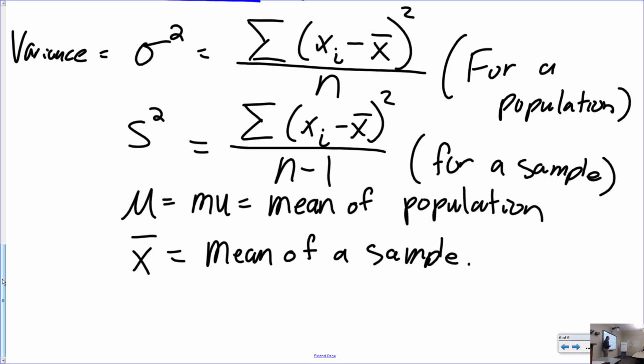We're going to be using this a lot as we move along. So since I'm in this stage of talking about the difference between Greek and English, population and sample, you kind of got to get in the habit right now of dealing with it so that when you talk about populations, you use Greek. When you talk about samples, you use English. I should have probably stressed this back when we were talking about populations and samples back in chapter 1, but I forgot. Sorry. So I'm going to try and focus on it right now so that you guys know that this is something you have to get in the habit of understanding when things are written down and used in statistics, okay?